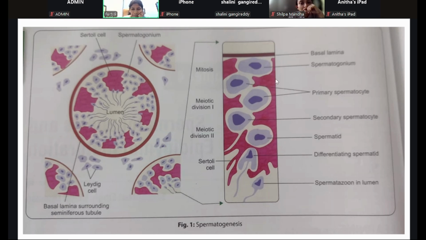So this is again like the basement membrane, this is the spermatogonia, and then after a few divisions, like after mitosis, it will become a primary spermatocyte, and then further it undergoes division, and then finally it forms a spermatozoa, which appears in the lumen.